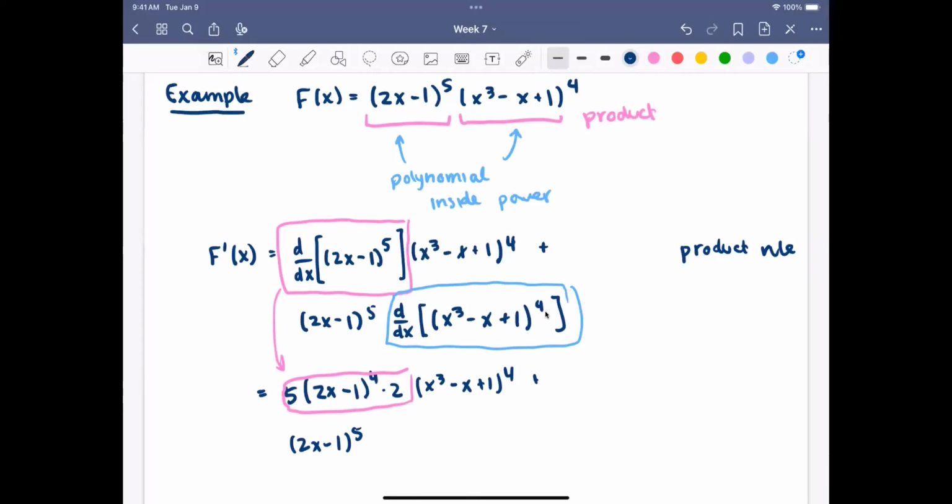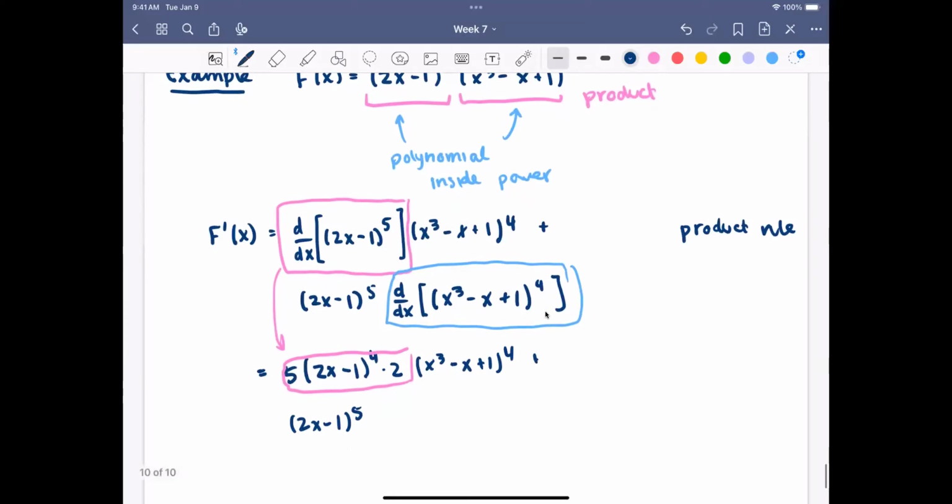Yep, that sounds good. So we have 4 times x cubed minus x plus 1 cubed. That's my power rule: I took the 4 down in front and left behind a 3, and the stuff on the inside stays the same.